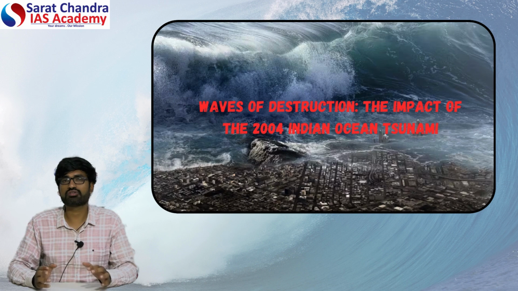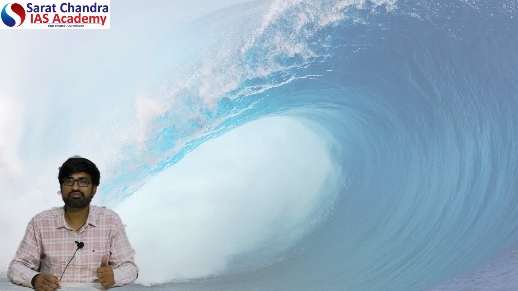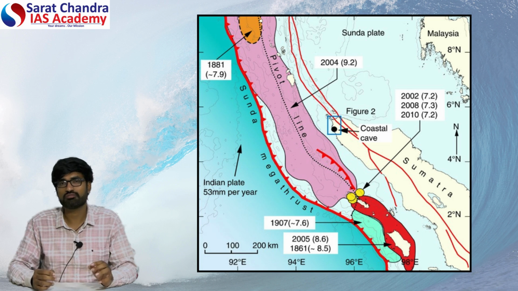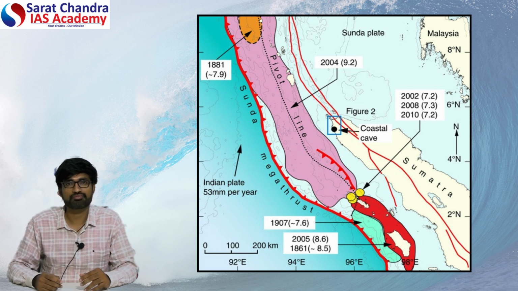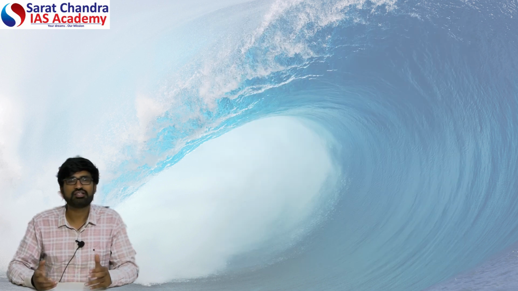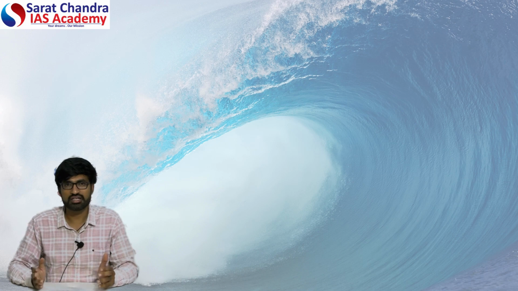Why did the 2004 tsunami occur in the Indian Ocean? Because of an earthquake of magnitude 9.1 that occurred in the Indian Ocean near the Sunda Trench, which is near the Indonesian coast. Now, we'll also try to understand why the tsunami hit the Indonesian coast, the Sunda Trench, at that point of time.